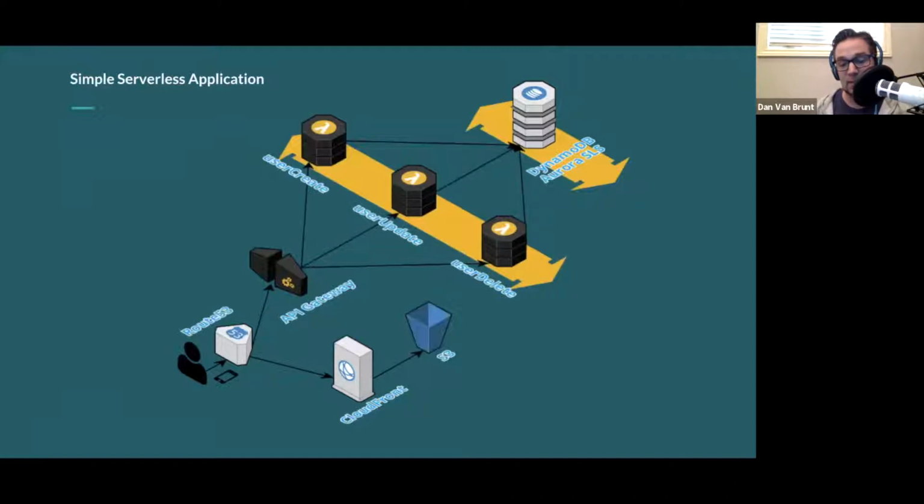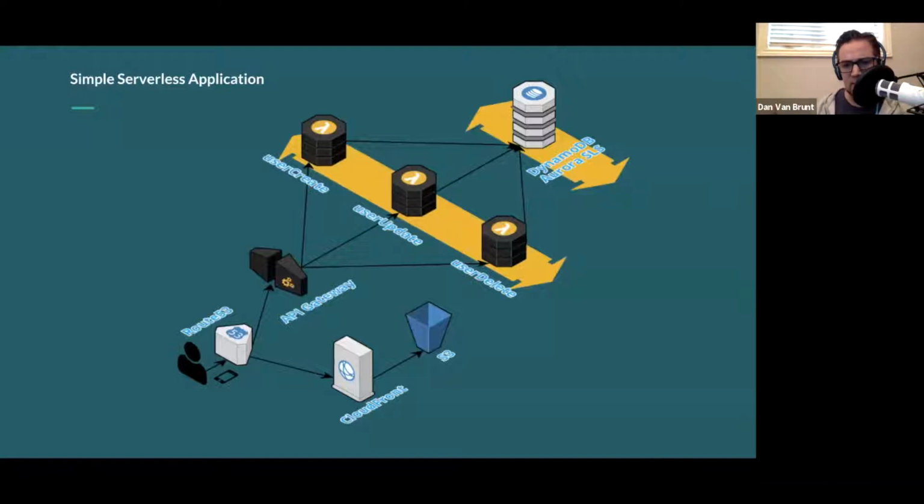When they come to that site, it's going to hit the CDN, which is CloudFront. And that CloudFront is going to be requesting the resources, potentially HTML, CSS, JS, that'll be sitting in an S3 bucket. Once that comes back to the browser and it loads up, that JavaScript might make a call out to an API, which would be API Gateway as a service with AWS.